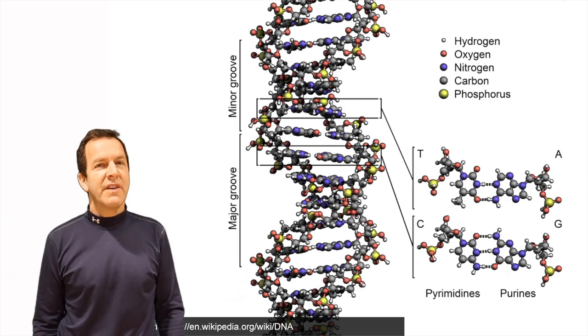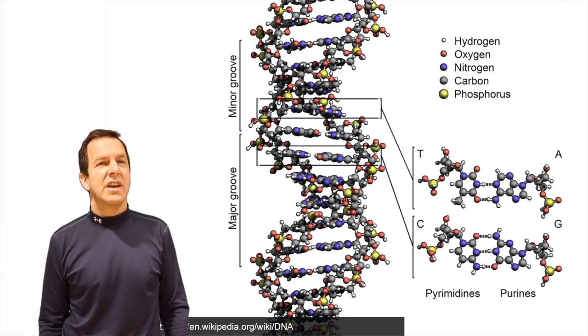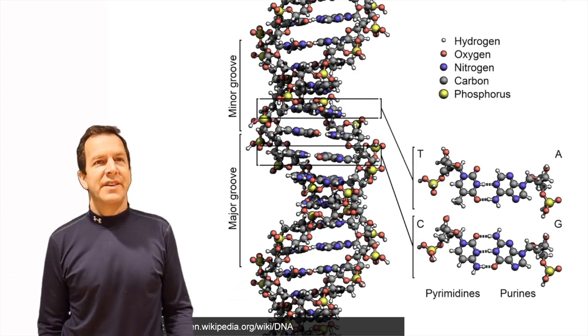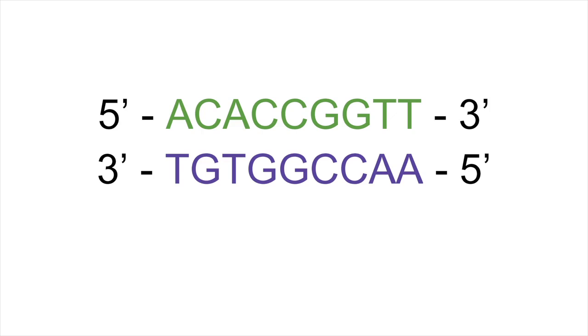Each of these chromosomes is a very, very long string like this. The longest chromosomes in the human genome are on the order of 250 million nucleotides long. So they're extremely long molecules, very tightly coiled up and packed together inside of the nucleus of every cell in your body.